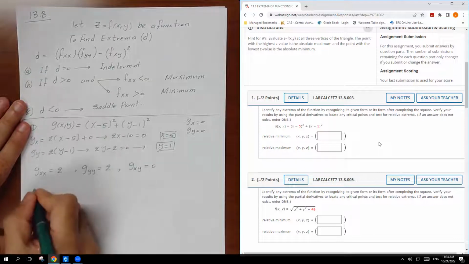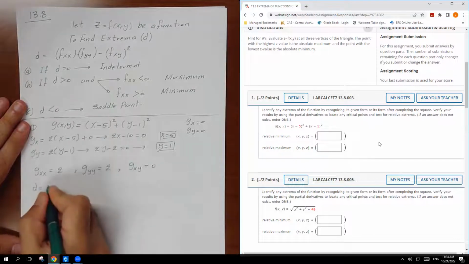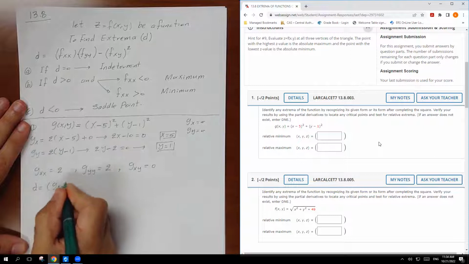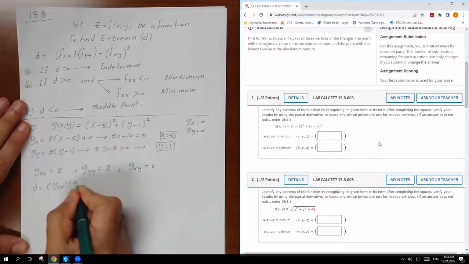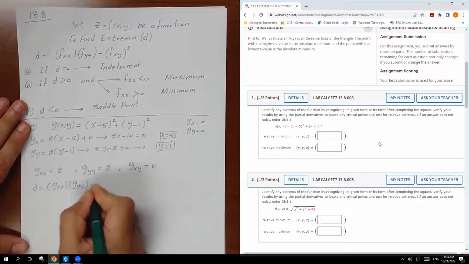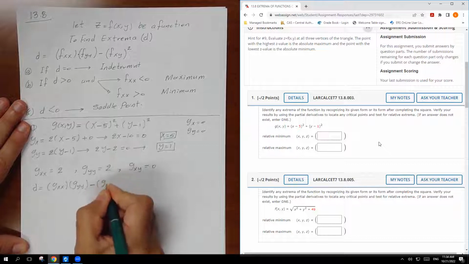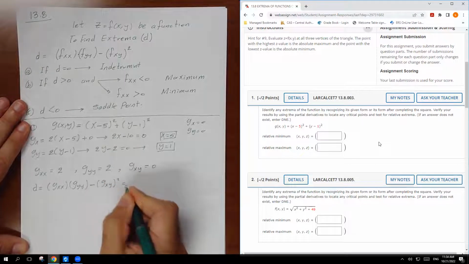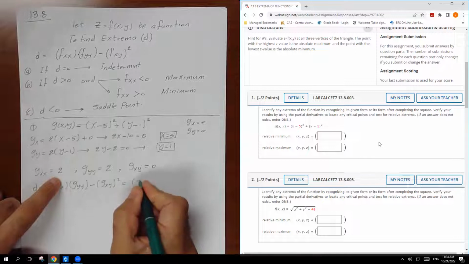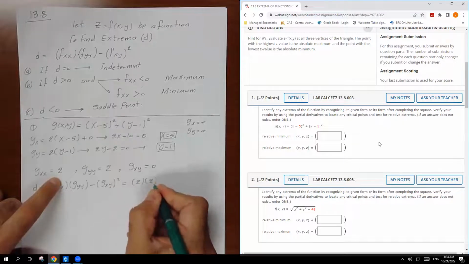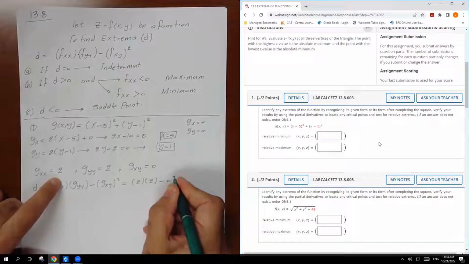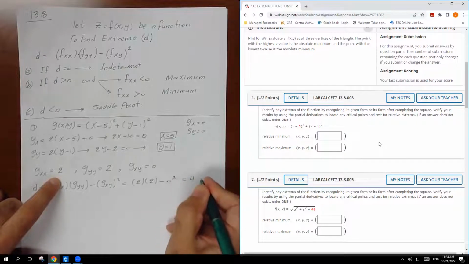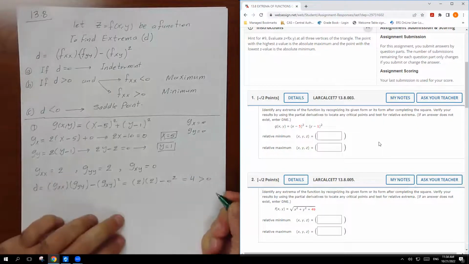Now, our D is going to be g_xx times g_yy minus g_xy squared, which is equal to 2 times 2 minus 0 squared. And this one equals 4, which is greater than 0.